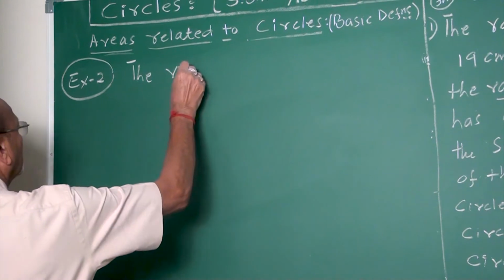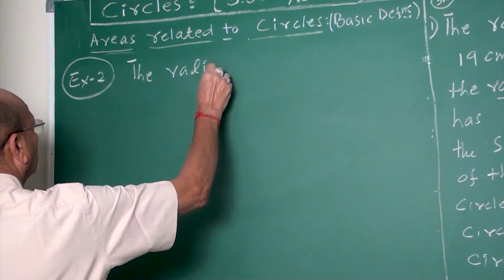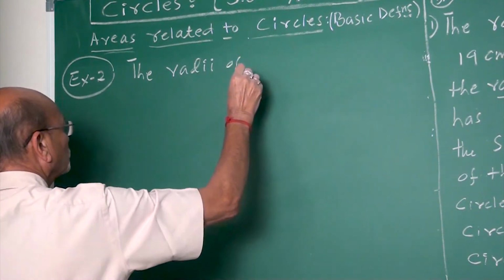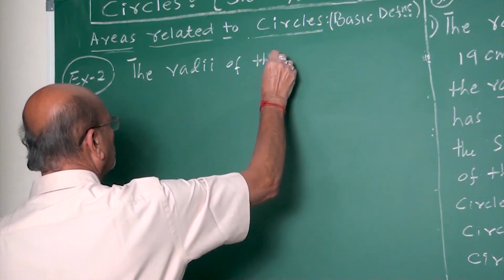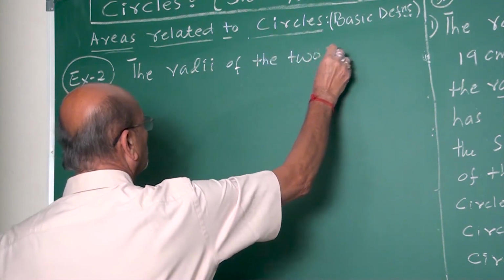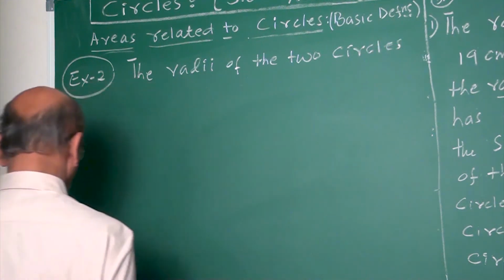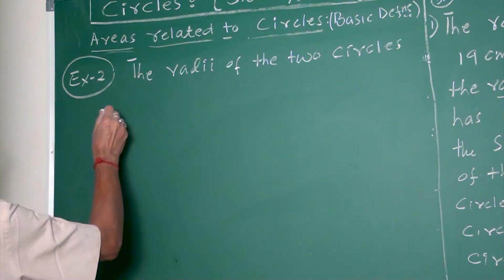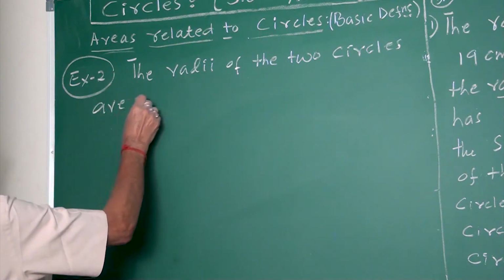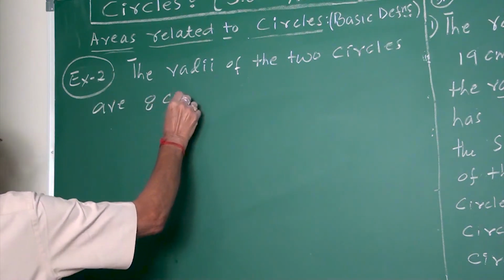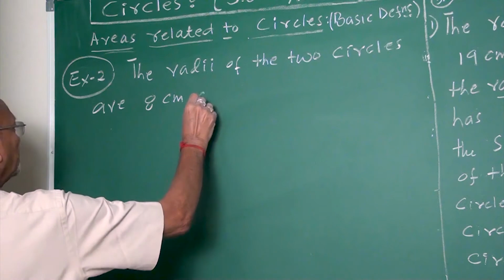The radii of the two circles are 8 centimeter and 6 centimeter respectively.